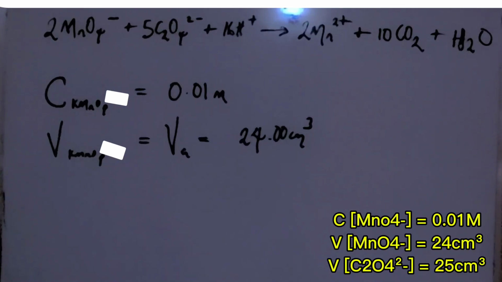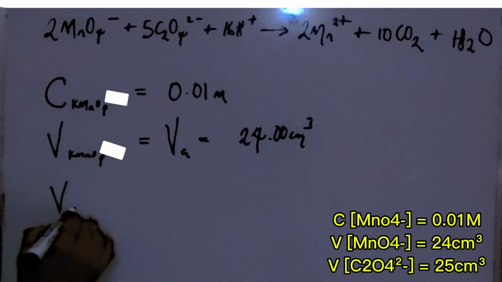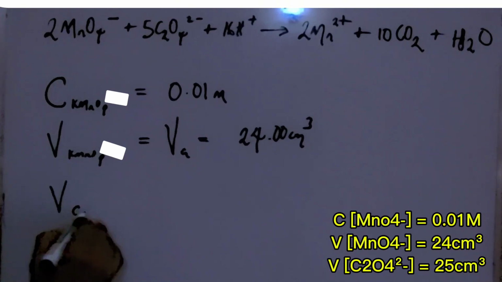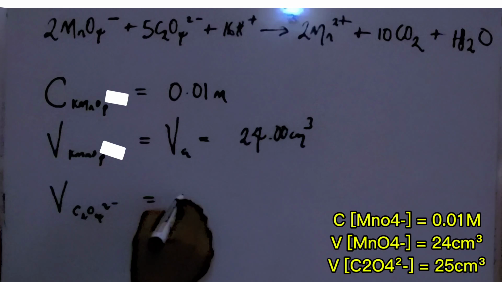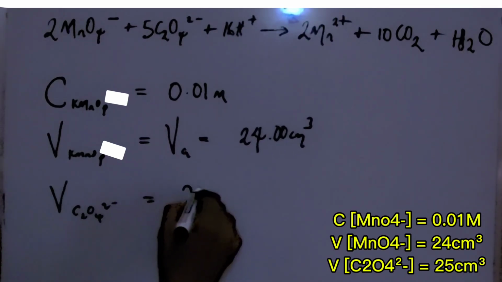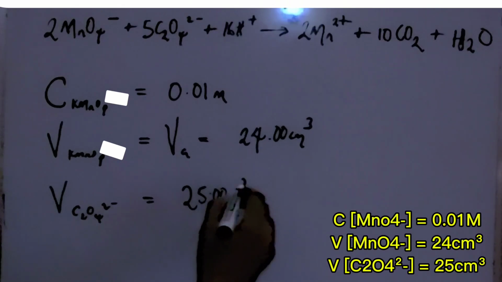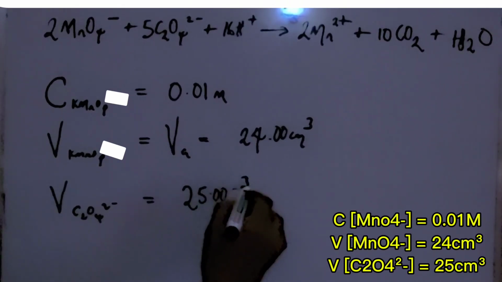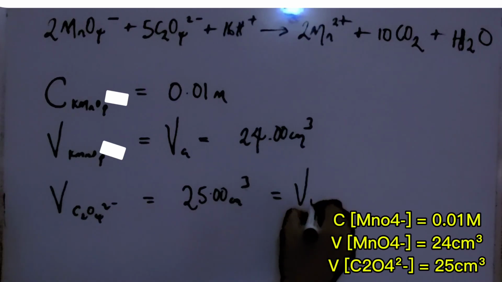Now let's also assume the volume of the pipette with which you pipetted the oxalate, C2O4 2 minus. Let's assume that you made use of a 25 cm cube pipette. In an acid-base reaction, this is equivalent to our VB, right?